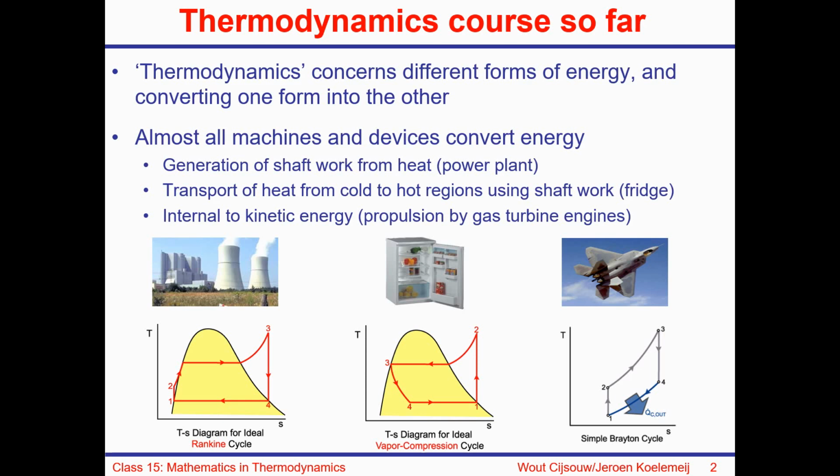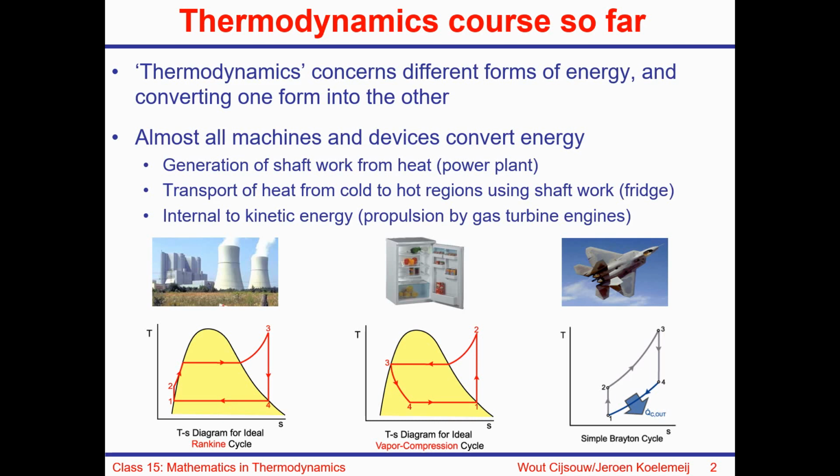We have seen, for example, how a power plant converts heat into work and eventually into electrical energy. And we've seen a refrigerator as an example where work can be done in order to transport heat from a cold region to a hot region. And we've seen how airplanes are propelled by gas turbine engines.